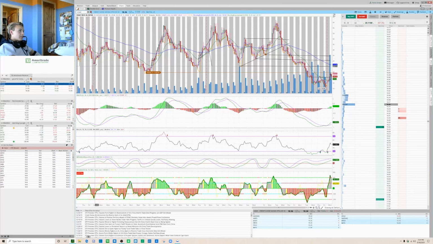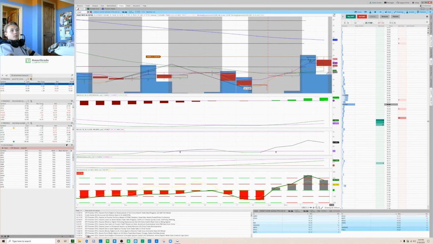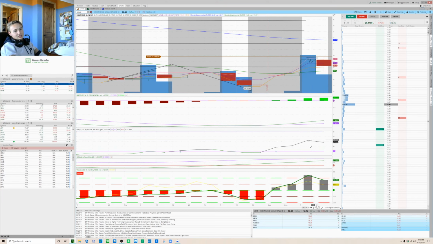Let's see. This is one, but it would kind of be above there. So how do I know that this is a pullback? Look at it. It literally touched the bottom of it and didn't go below it. It's literally just a pullback because we had this really big, massive indicator here, and we allowed it to go up.